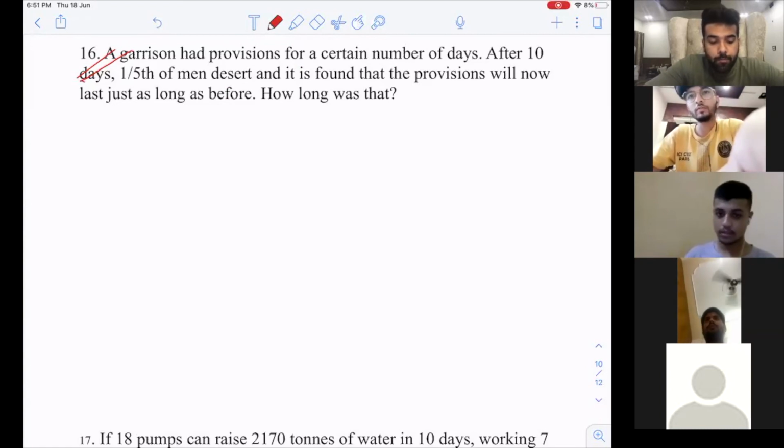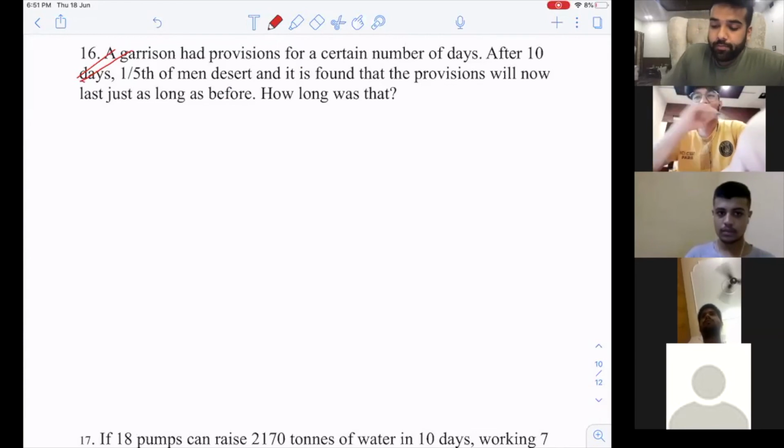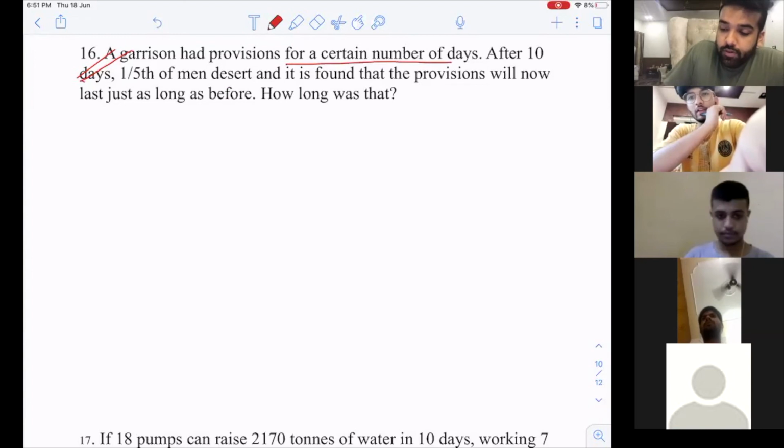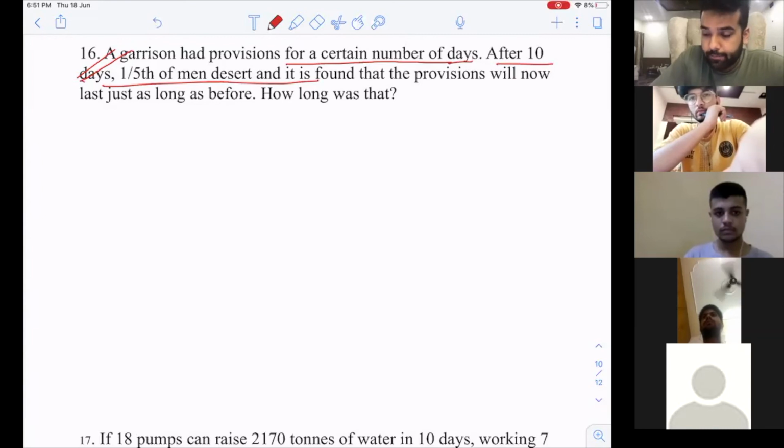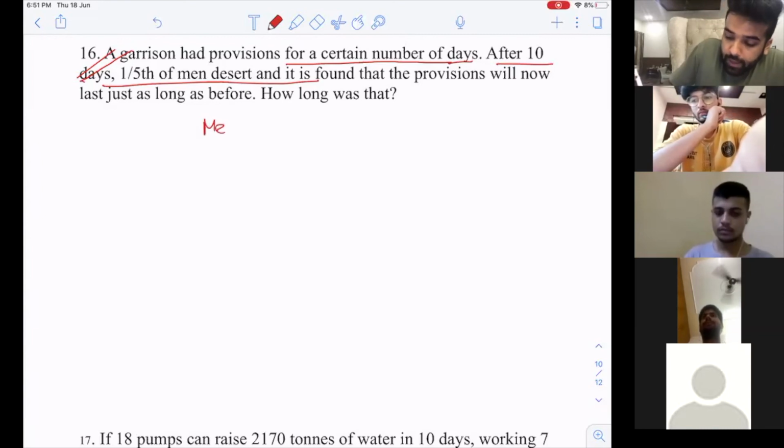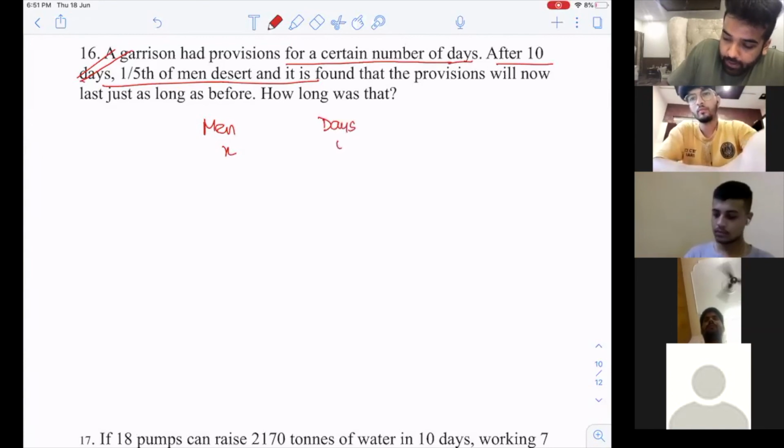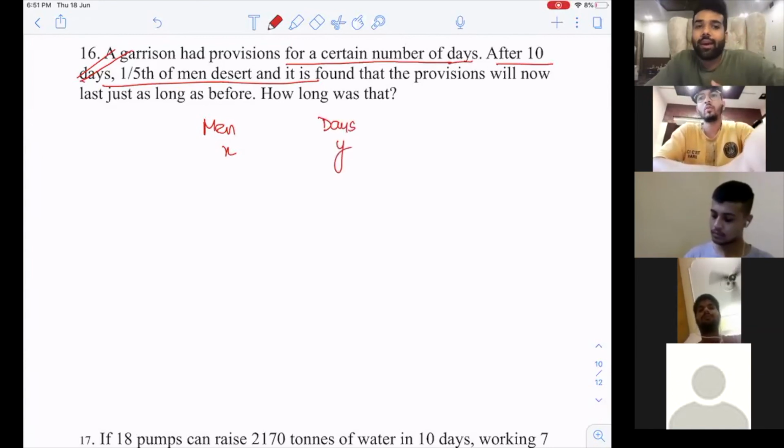A garrison had a provision for a certain number of men for a certain number of days. After 10 days, 1/5 of the men desert. Suppose the men were X and the days were Y. The men were X and the days were Y. Clear or not, everybody?